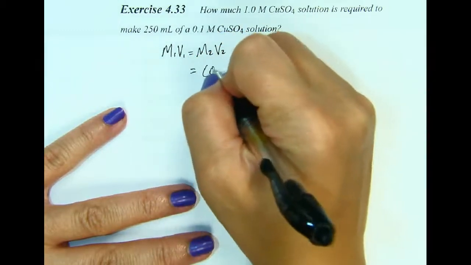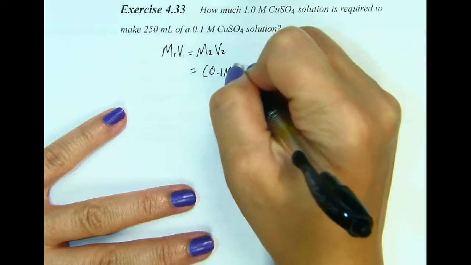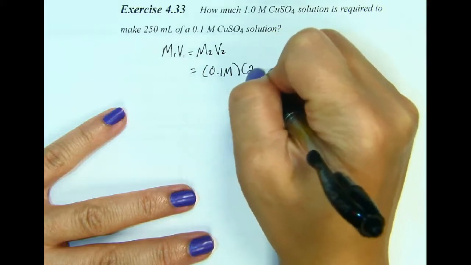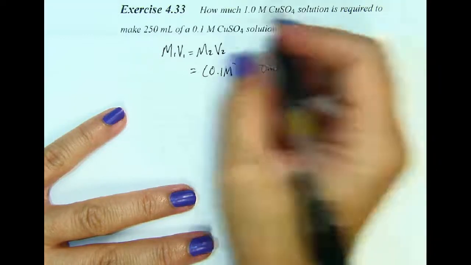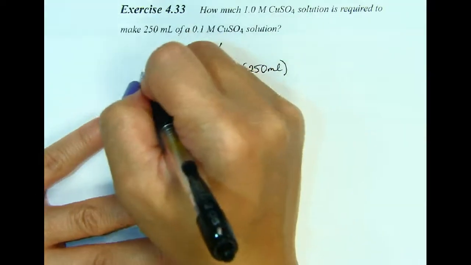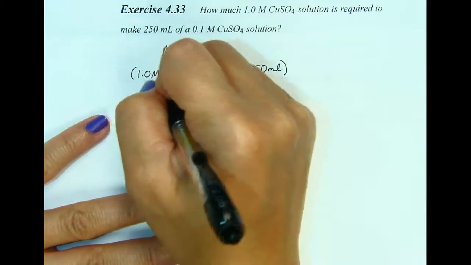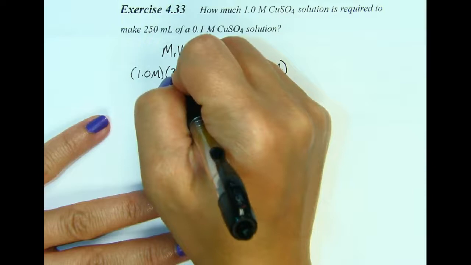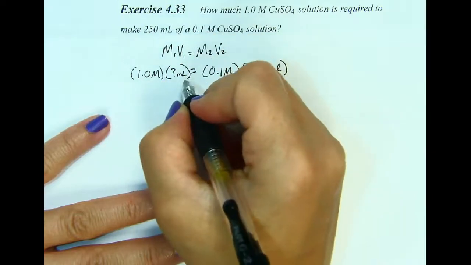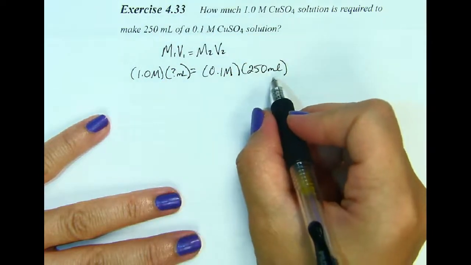Because these are coupled together side by side, I'm going to make sure that they are a set in my equation. It doesn't matter if they are the 1s or the 2s, but I'm going to make it the 2s. So I'm going to have 0.1 molar times the volume, 250 milliliters, and notice I'm keeping it in a unit of milliliter, equals, and on the other side, my M1 is 1.0 molar, and the question is, what is the volume? Note that I'm going to end up with my volume in milliliters since I left this volume in milliliters.